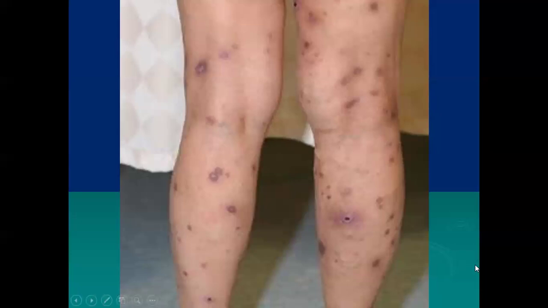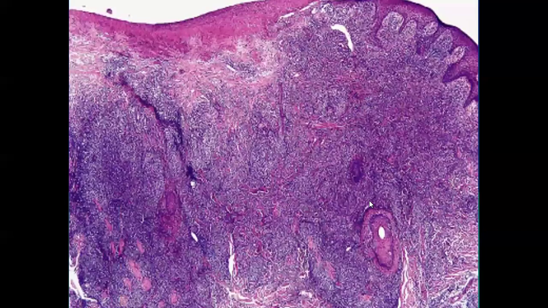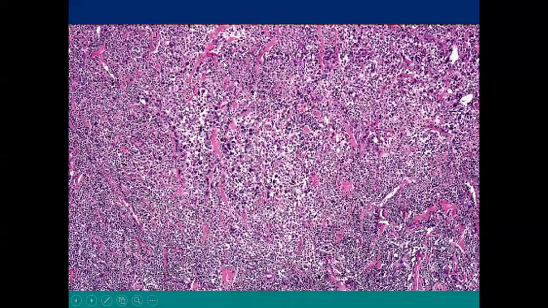On the basis of histopathology, it is really very difficult to differentiate whether it's a benign condition or a malignant T cell lymphoma. It is characterized by a diffuse infiltrate, mainly of atypical lymphocytes, but other cells are also seen. So lots of atypia is seen. It is always said that this is histopathologically malignant, but clinically it's a benign condition.